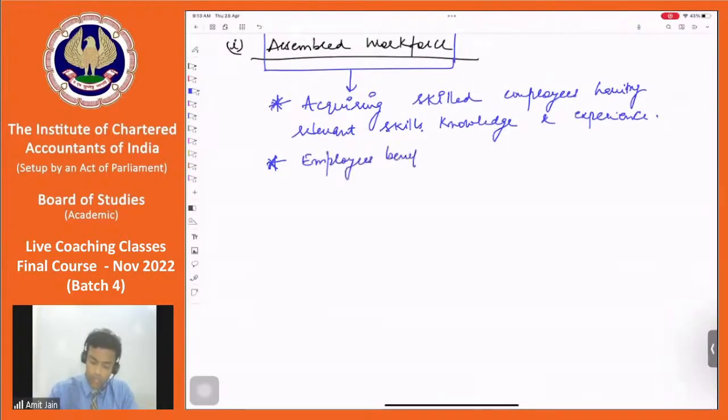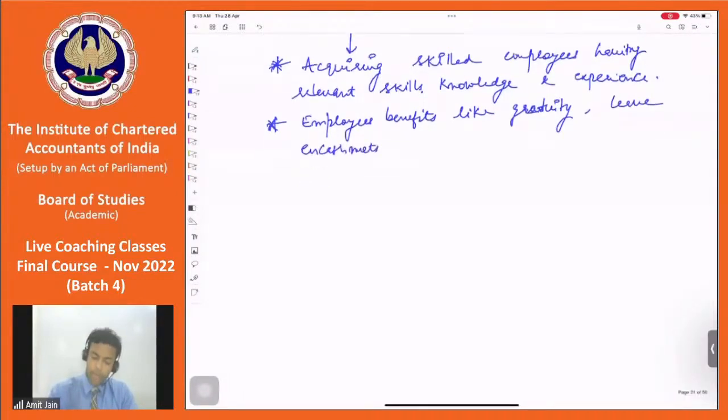Employee benefits like gratuity and leave encashment need to be recognized.